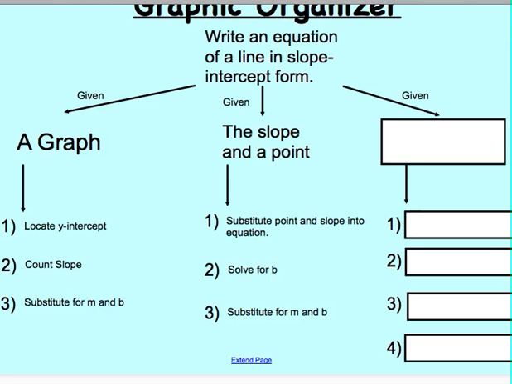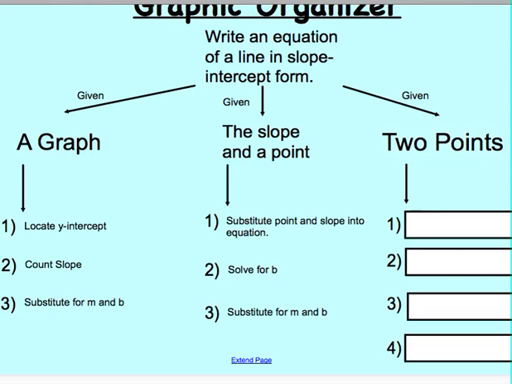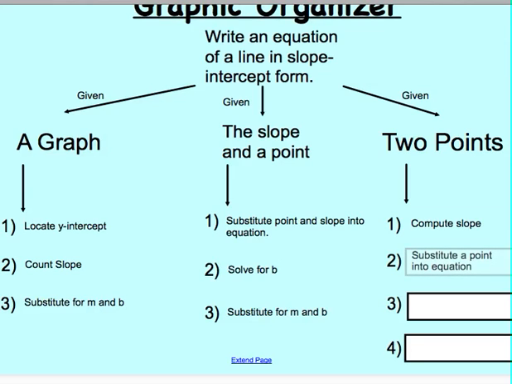The other type of problem, the third type, is if you're given 2 points. So this one was the longest problem. What we did first was we found the slope, or we computed it using the slope formula, y2 minus y1 over x2 minus x1. Then we substitute a point into the equation. Notice it says a point. It could be either point.